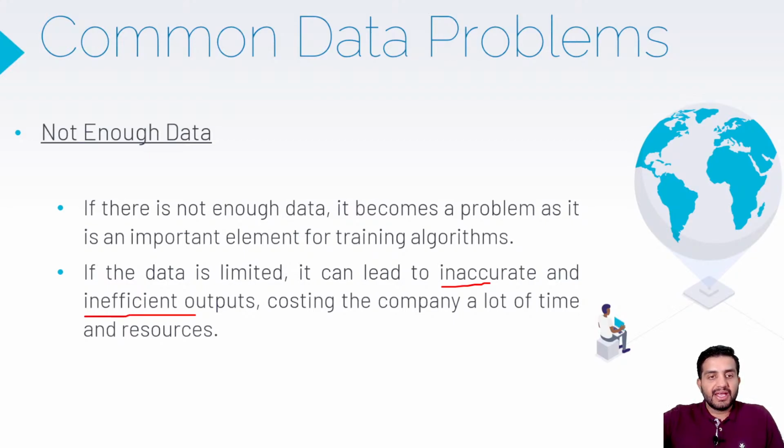So not having enough data is a very problematic situation, where we can be led towards inaccurate and inefficient outputs. And this eventually will make sure that the generalization of my patterns is not fulfilled to the requirement.